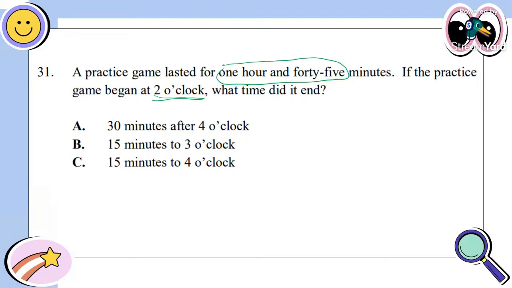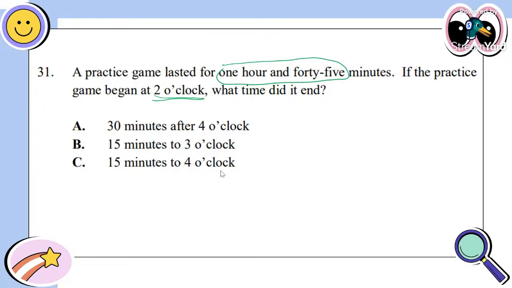I like what you put there, but let's find an answer from the chat. 15 minutes to 4 o'clock, says Ramon. 15 minutes to 4 o'clock, says Kay. 15 minutes to 3 o'clock, says Sir Marie James. Now, I see people saying 3:45, but look at the responses. We have 30 minutes after 4 o'clock, 15 minutes to 3 o'clock, 15 minutes to 4 o'clock. Let's think about it.